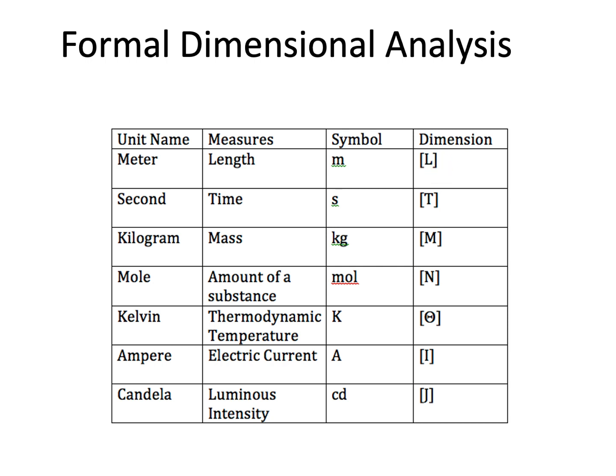And so the standard is for seconds to be measured with a dimension of T, and kilogram, M for mass. The mole there's an N. That actually, the N represents number, which is what a mole is. It's a specific number. The Kelvin, we've already got T used for time in seconds, and so the Kelvin is measuring thermodynamic temperature.